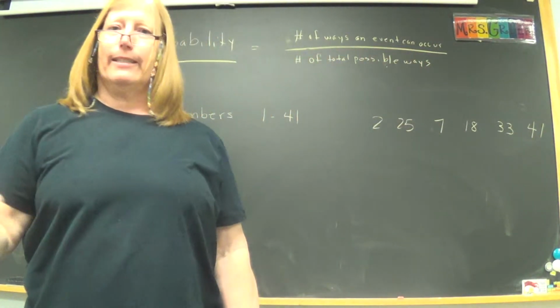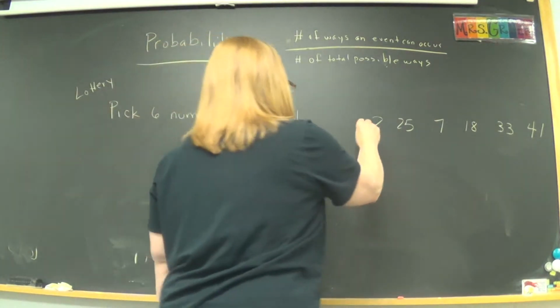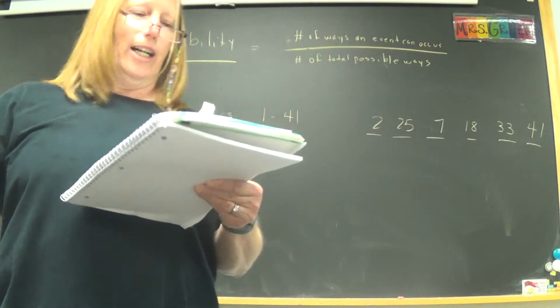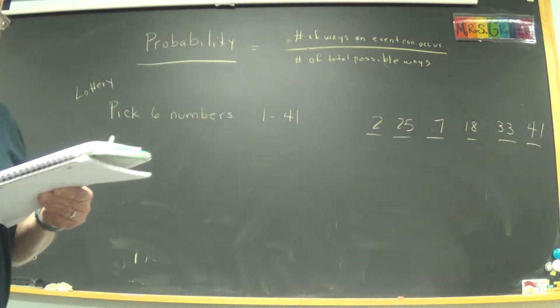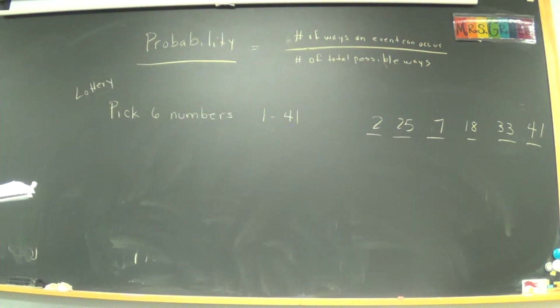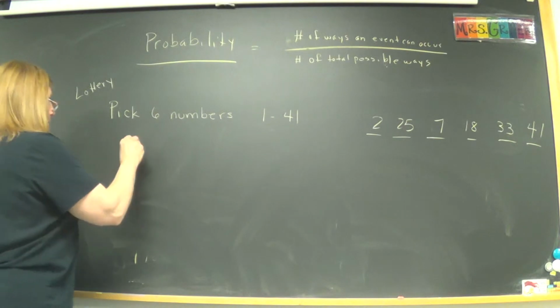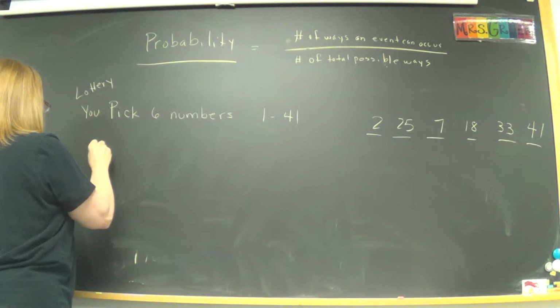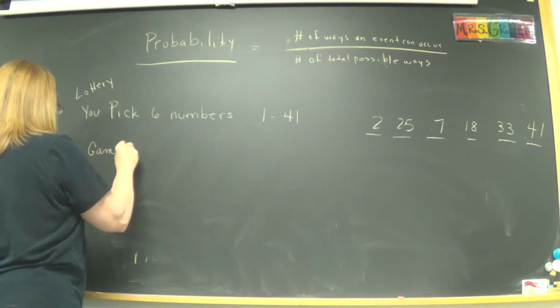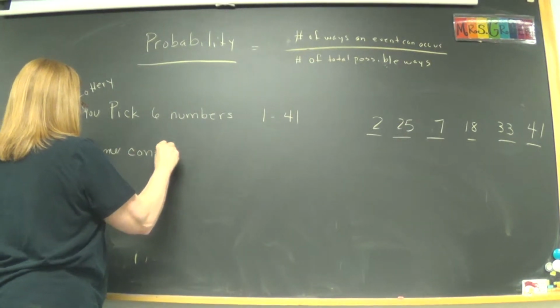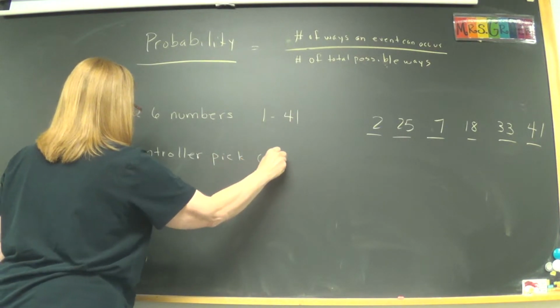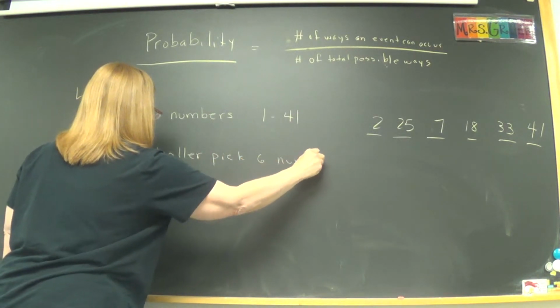So you pick 6 numbers, and then the game controller, the guy who runs the game, comes out and picks 6 numbers.